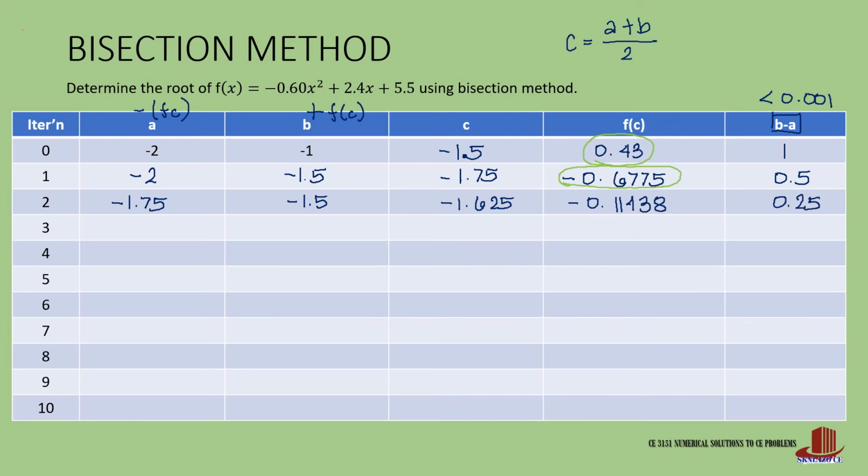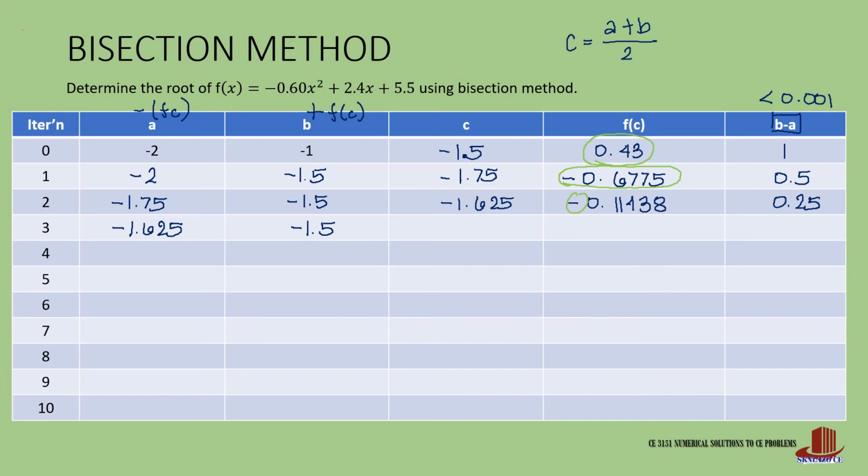Again, check for the sign. It's another negative, which means that c would replace our lower limit, and that would be 1.625, while the upper limit would remain as 1.5.